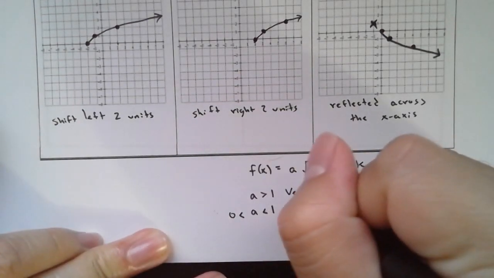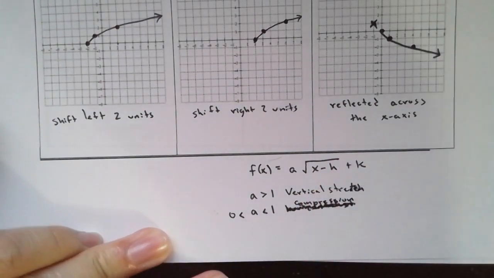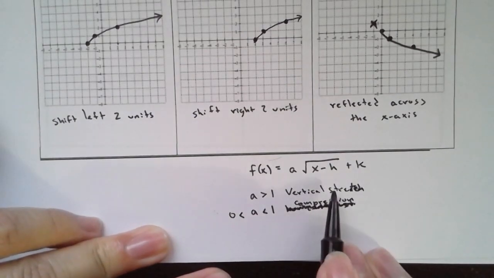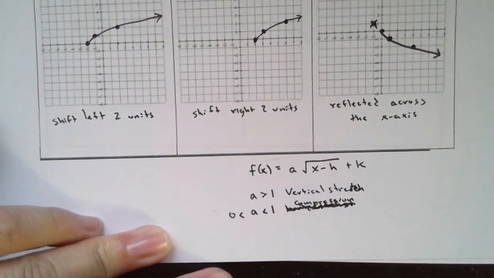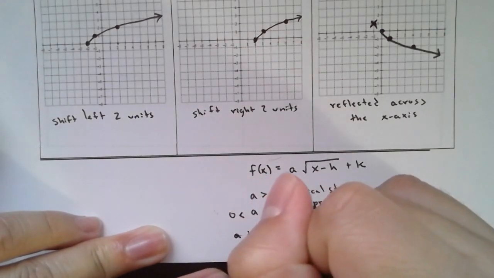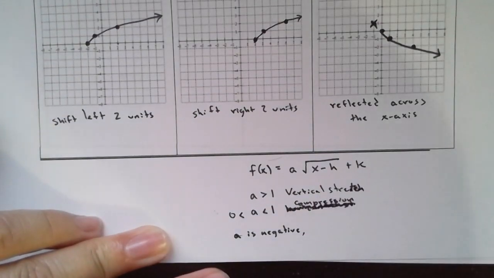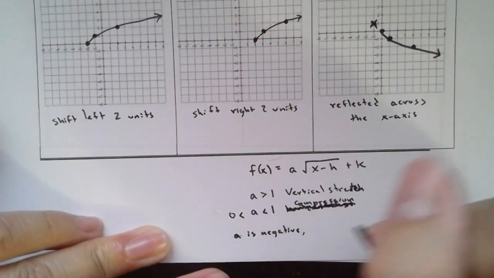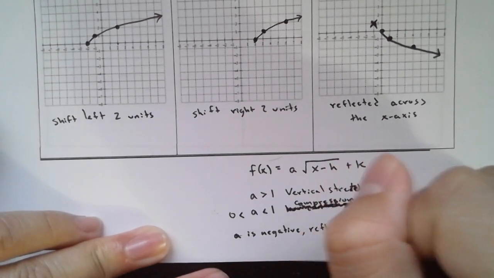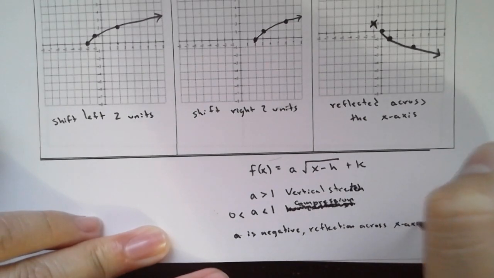We call this a vertical compression. It's a vertical stretch, vertical compression. And then if a is negative, you had a reflection across the x-axis.